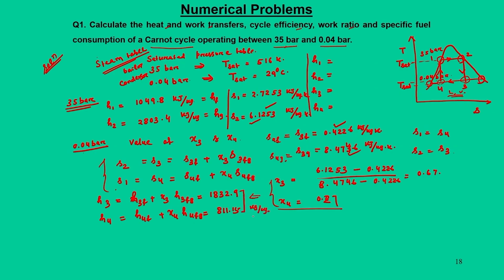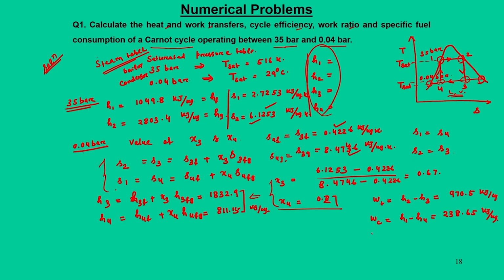So, basically we have got all these numbers. Now, it is easy to calculate turbine work. Turbine work is H2 minus H3, which is 970.5 kilojoule per kg. Compressor work is H1 minus H4, and this value would be 238.65 kilojoule per kg.